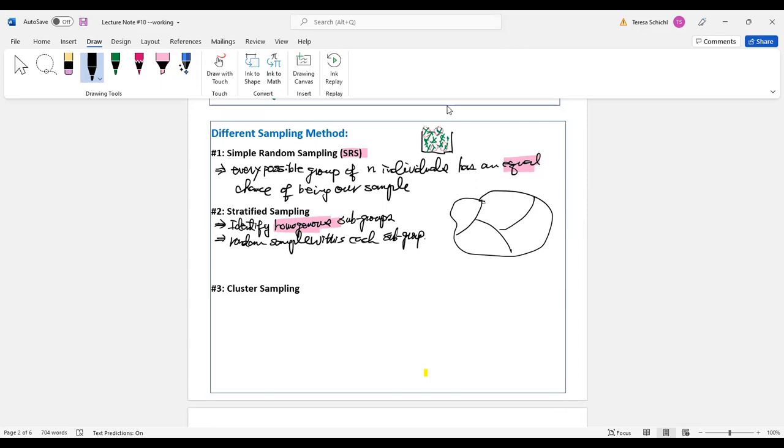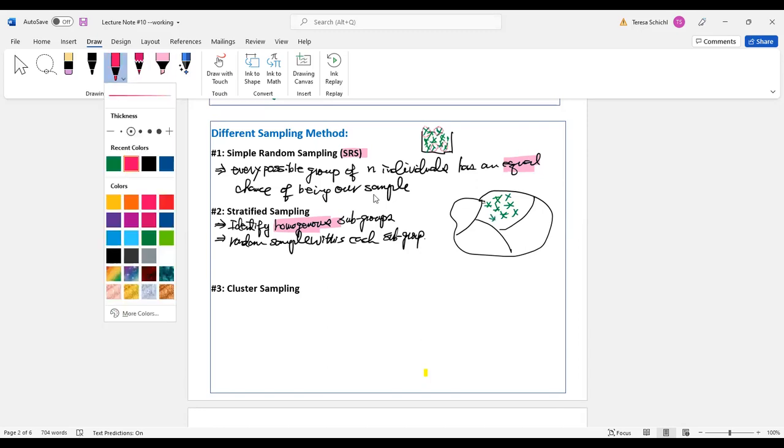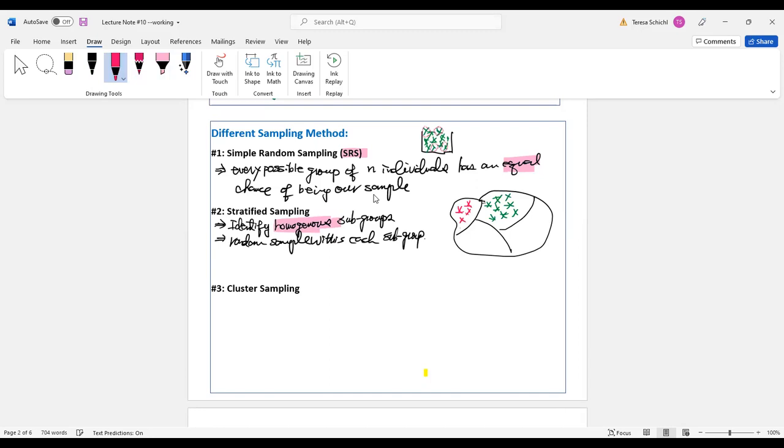Each one is what we call a homogeneous subgroup, which means they have the same characteristics. That's why I'm using different colors here.